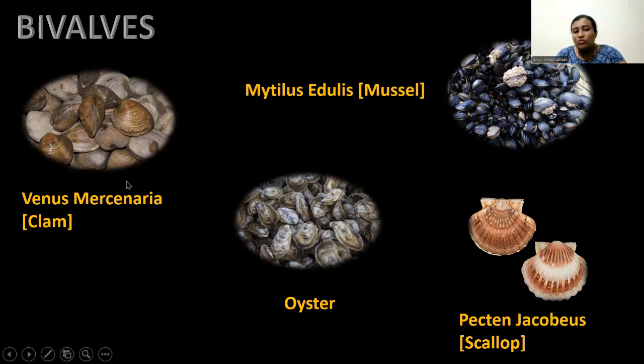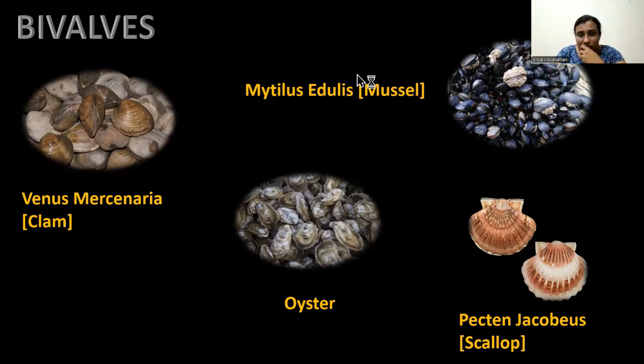Whereas the survival mechanism of Venus mercenaria, clam, is that it digs and goes inside the sand. The survival mechanism of this Mytilus edulis is that it clings. If you see, it is in clusters. There will be a stringy substance which comes out from the body and it sticks together, glued together. That is the survival mechanism, the protectiveness for this animal.